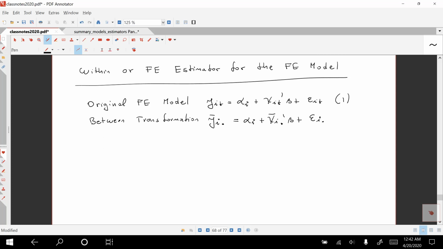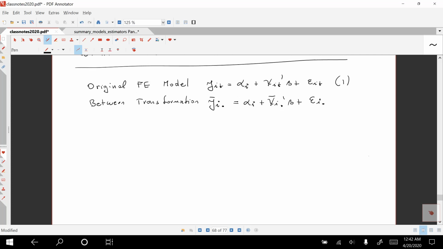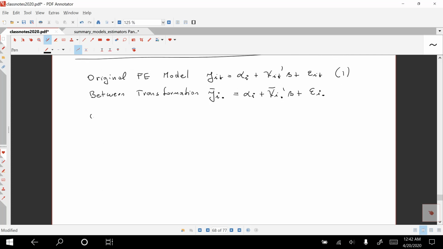That's the between transformation, and then the within transformation is going to be the difference between the first and second equations, which we already learned when looking at the fixed effects estimator for the pool model.